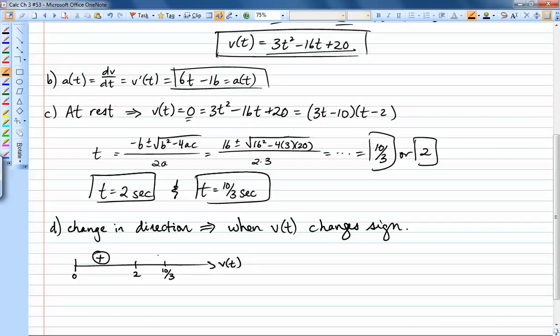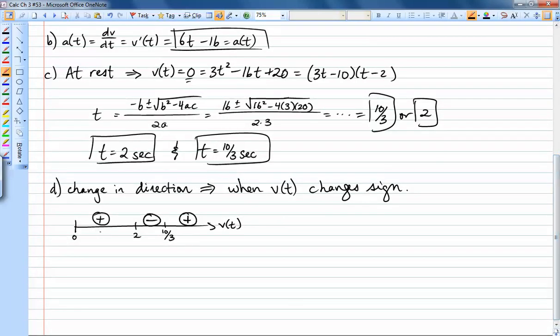If I plug in 3, which would be a good test value here, you're going to get a negative number. And then if I plug in anything bigger than 10/3, like 100, I'm going to get a positive number again. So velocity is positive, so it's moving forwards. Velocity is negative, so it's moving backwards. Velocity is positive, so it's moving forwards. So: forwards, backwards, forwards.